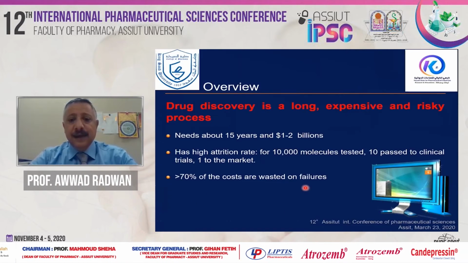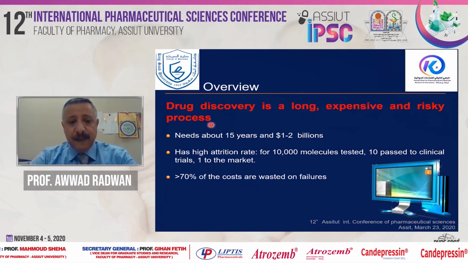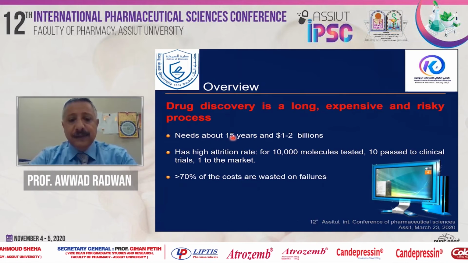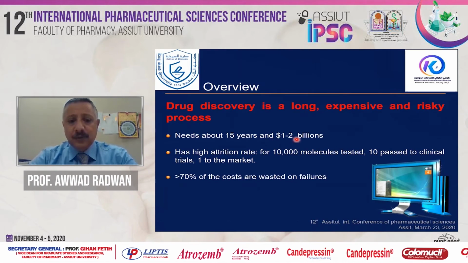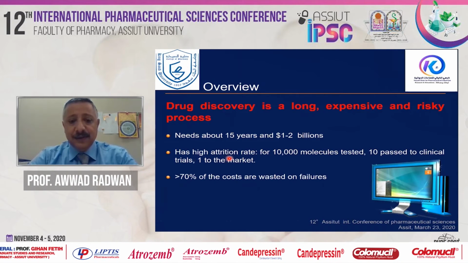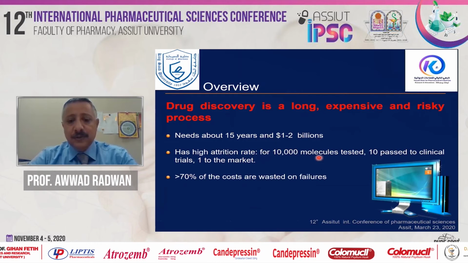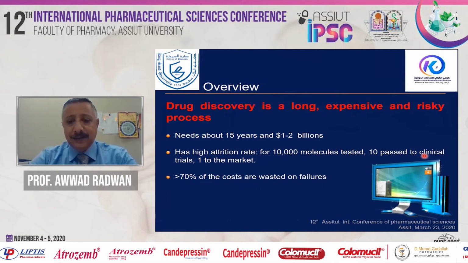Drug discovery is a long, expensive, and risky process. It needs about 15 years and between $1 and $2 billion. It has a high attrition rate. For 10,000 molecules tested, 10 molecules pass to clinical trials.